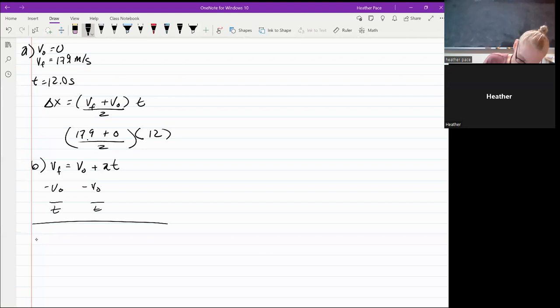And what we get is a equals vf minus v naught all over t. So we can just plug in what we were given, and what we get is a equals 1.49 meters per second squared.